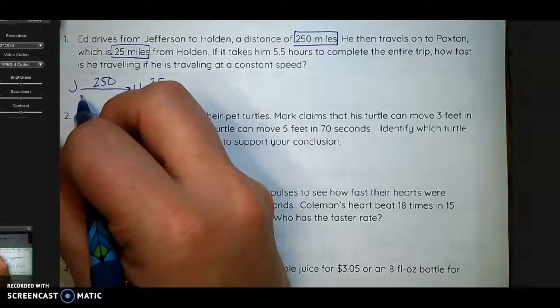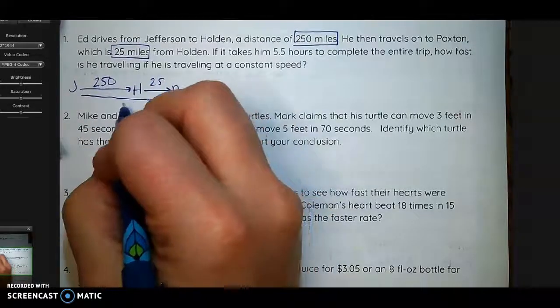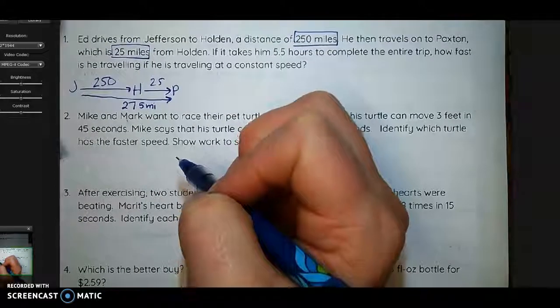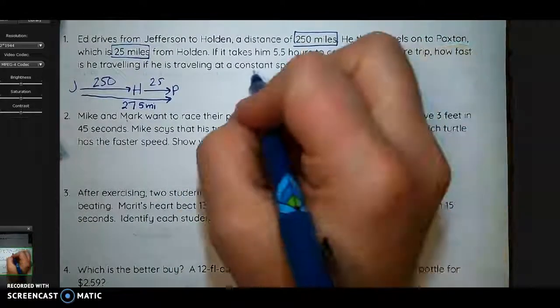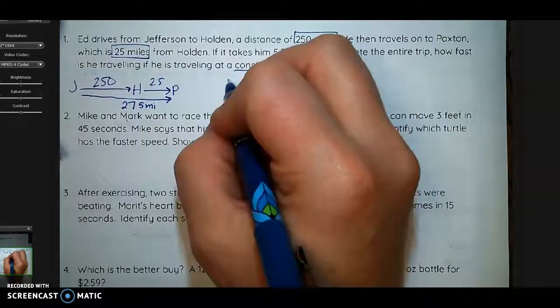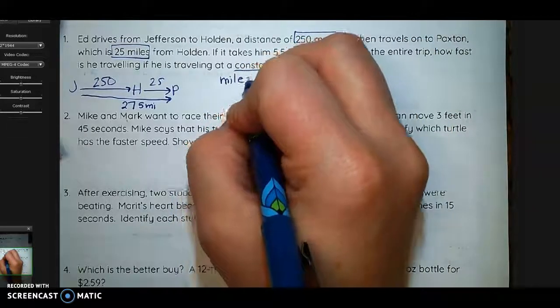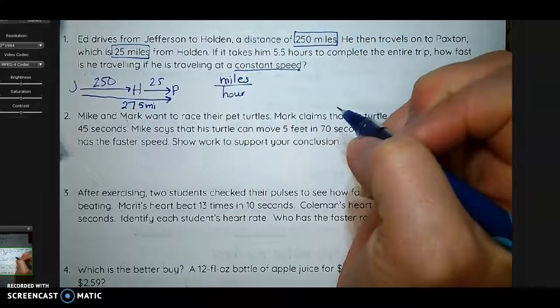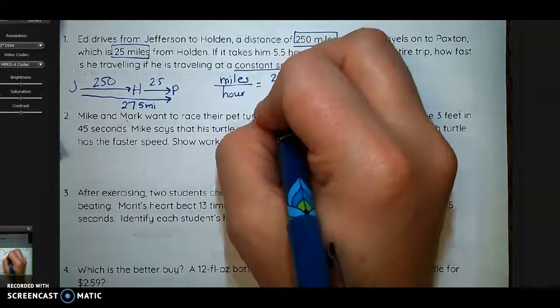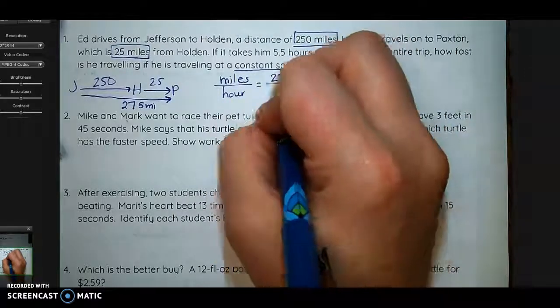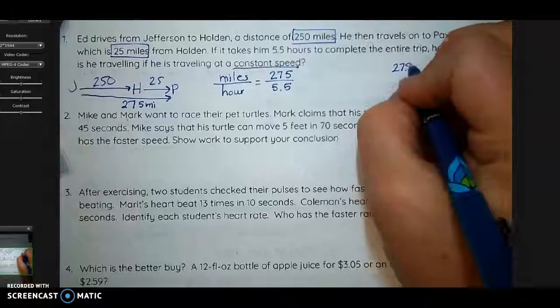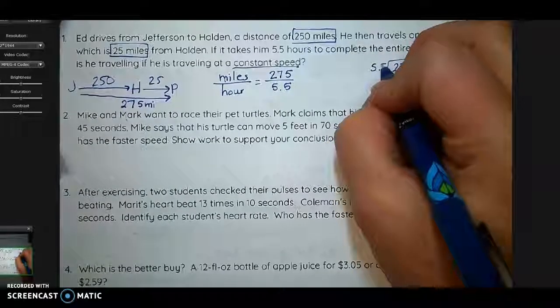Well, first of all, I need to figure out that the whole trip is 275 miles. And it says he's traveling at a constant rate of speed, so we're going to be doing miles per hour. Think about what you see on the freeway, miles per hour signs, how fast you're allowed to go. So if that took him 5.5 hours, that means I'm going to do 275 divided by 5.5.